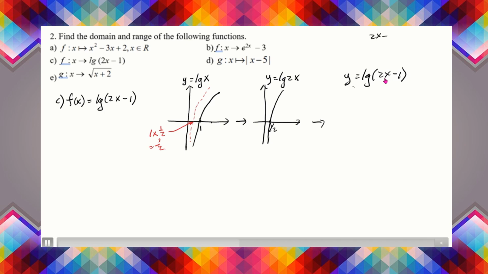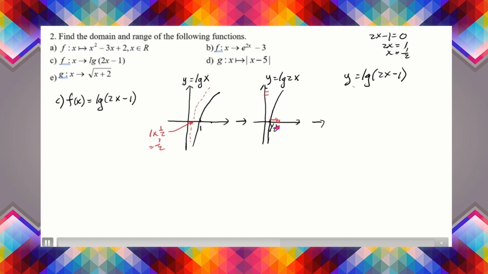In order to determine which, we simply make it equal to 0 and find the value of x. If the value of x is positive, we need to shift the curve to the right. So we shift the whole curve to the right by half a unit. Initially 1 over 2, after shifting half a unit to the right, it becomes 1.